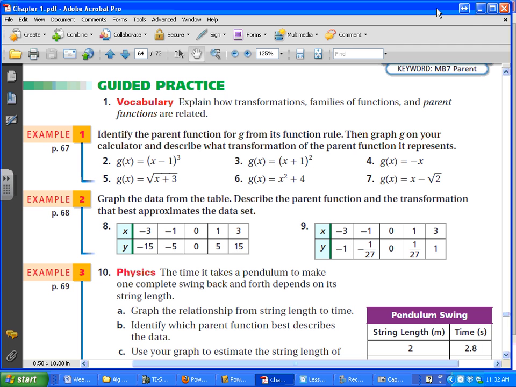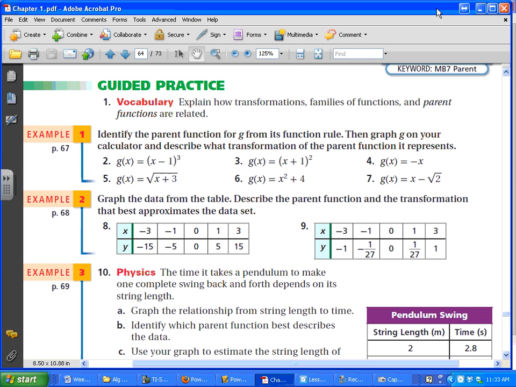Number 7 is linear because it's just x. And then it says minus, so that means it's shifted down square root of 2 units. So shifted down the square root of 2.